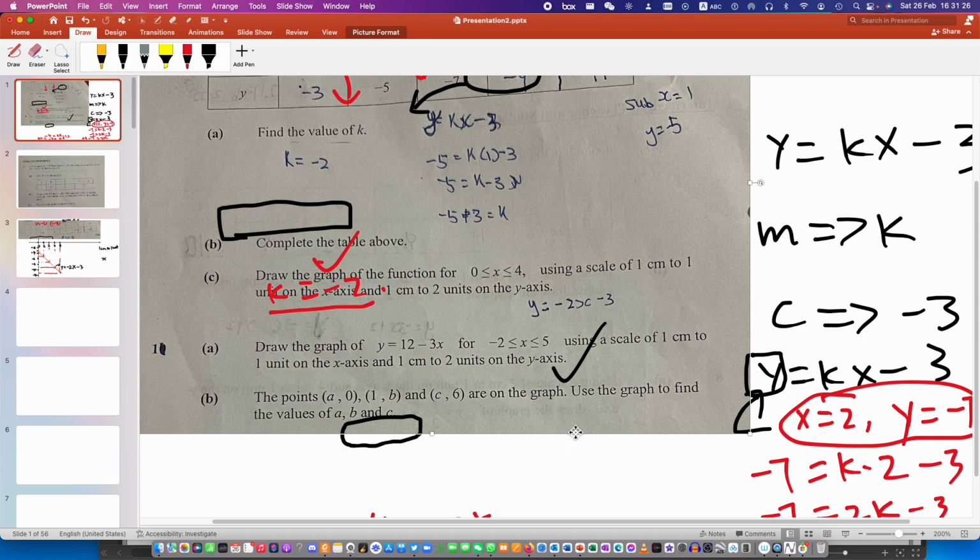Quick, don't waste time. Can you label negative 1? Continue. You are supposed to stop at 5.